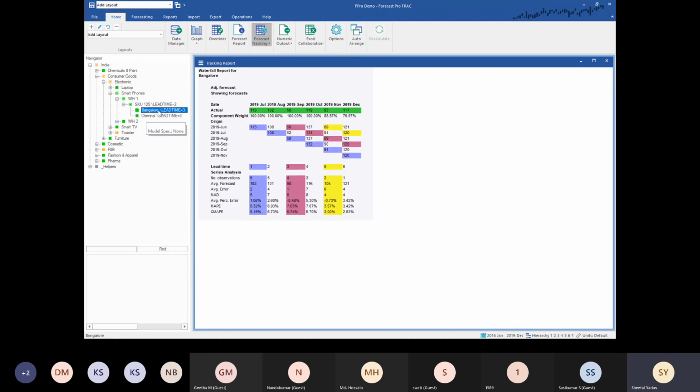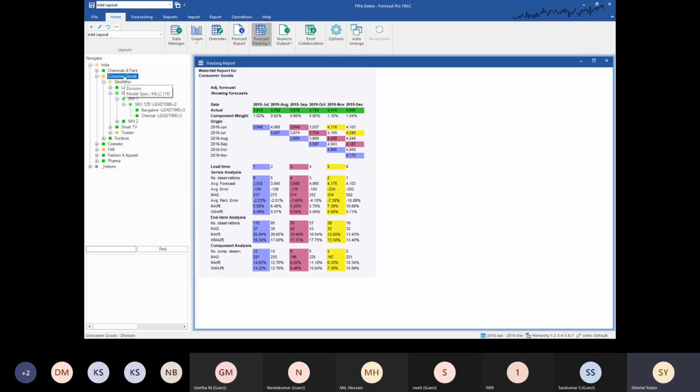The individual error at this level is being calculated and being reflected in consumer goods. So for all of the end items that I see over here, the error at that level is being used to present the observation over here.